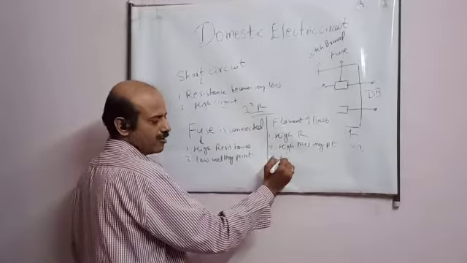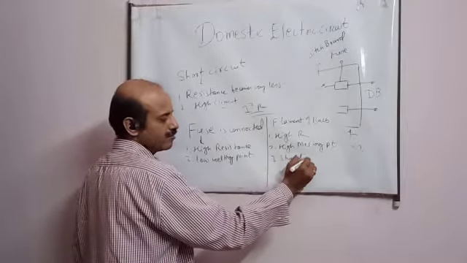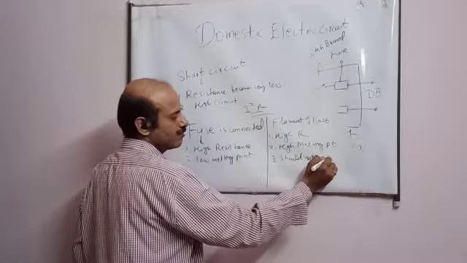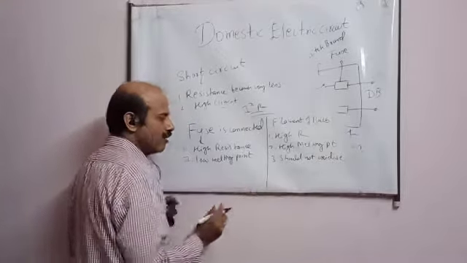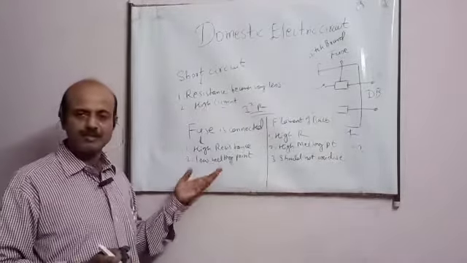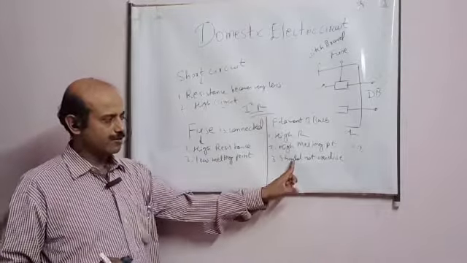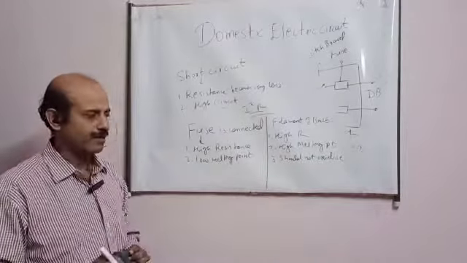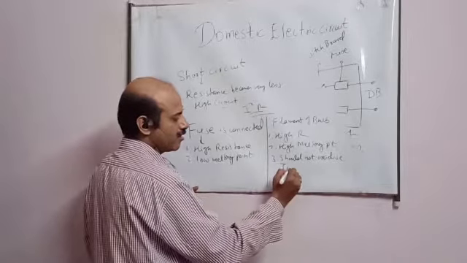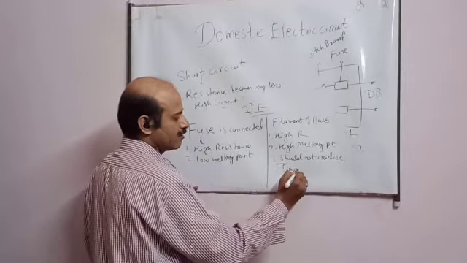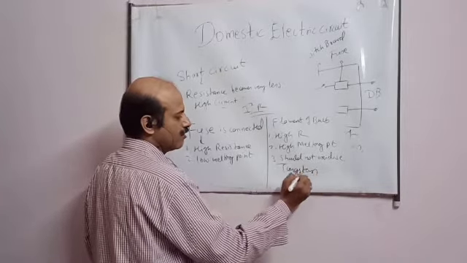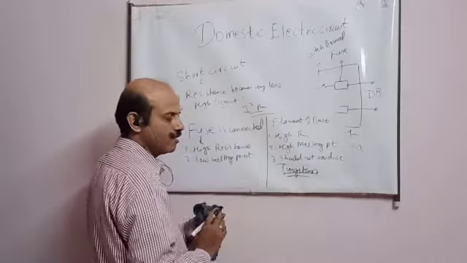And third, it should not oxidize. Since the fuse is at a low melting point, oxidation is not possible. Here the material should not oxidize, so that material should be taken. And that is why you must have heard of tungsten. Tungsten is used as the filament of the bulb, student.